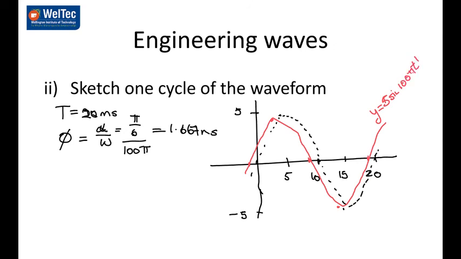Now, we really need to find that point there. We need to find where it cuts the axis. In any of these graphs, remember, it's going to cut the vertical axis where t is equal to 0. So we can just put that into the equation.